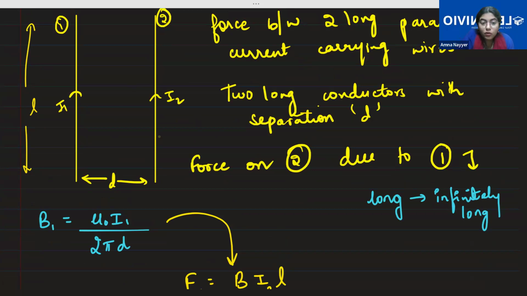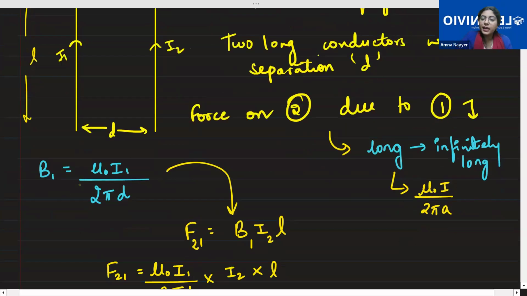We already know for a long wire, mu naught I by 2 pi d, infinitely long wire. Long you say, infinitely you say. Formula is mu naught I by 2 pi a, the formula which we did. So if we apply it here, let's say we are calculating force on the second due to first. Due to first means first is having the magnetic field that is present. So B1 is equal to mu naught I1 by 2 pi d.